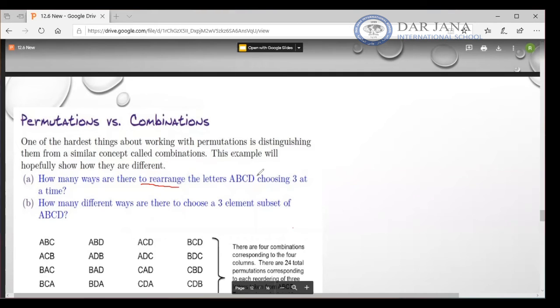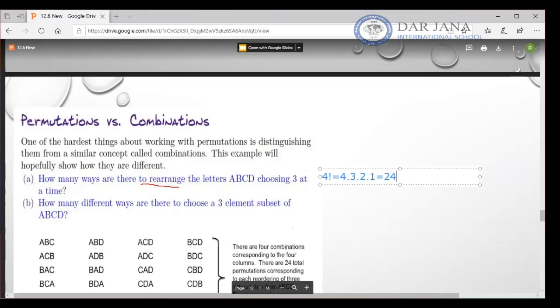So here I'm just going to use the one that we just took before, which is the permutation. I have a total of 4, so it's going to be 4 factorial, equal to 4 times 3 times 2 times 1, which is equal to 24 different ways.